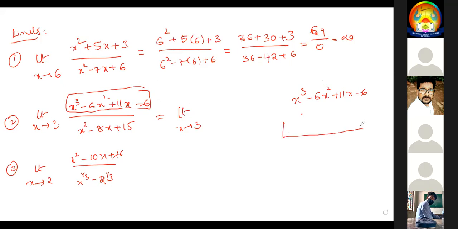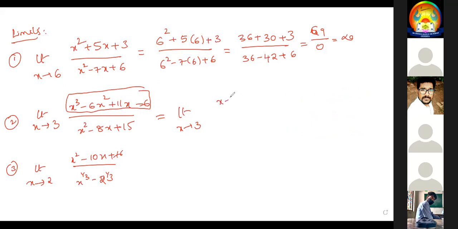This can be factorized by synthetic division. You know how to factorize this or not? If you don't respond, my network issue is not perfect today.